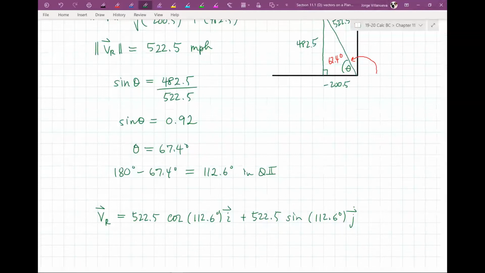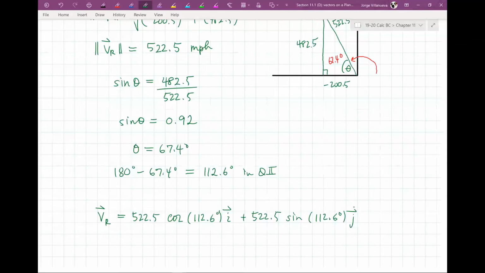Now, if you have to explain to them the way to do this, you could tell them that the speed of the plane is approximately 522.5 miles per hour at an angle of 112.6 degrees. Or for the angle, you could also say that it's traveling west 67.4 degrees north. Or what would that other angle be?